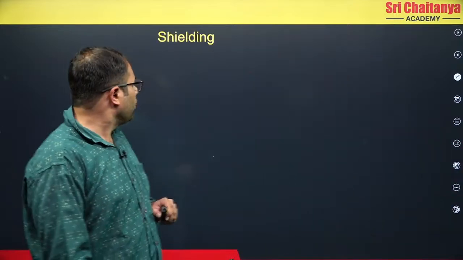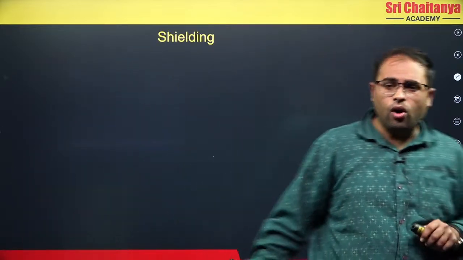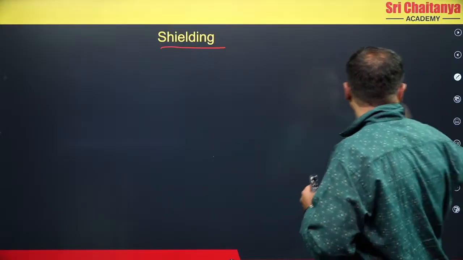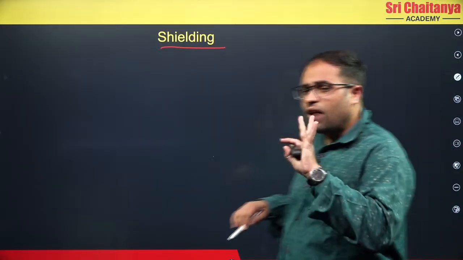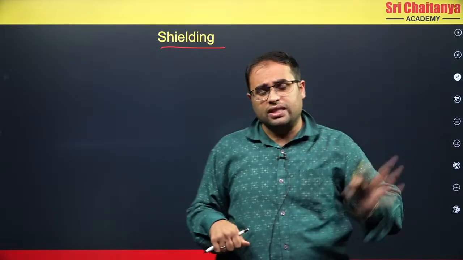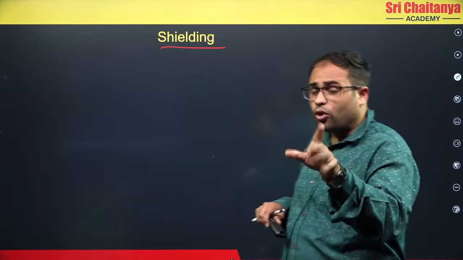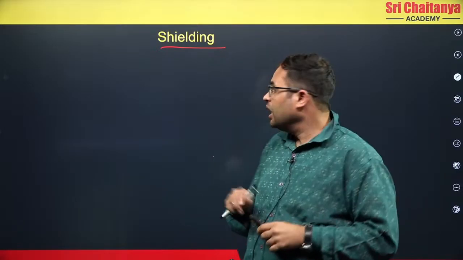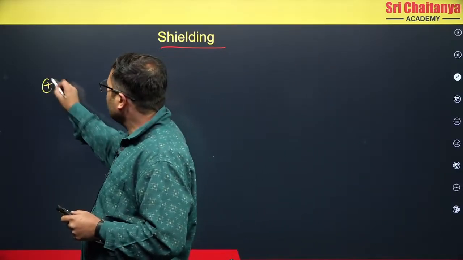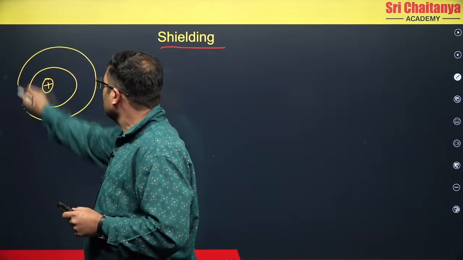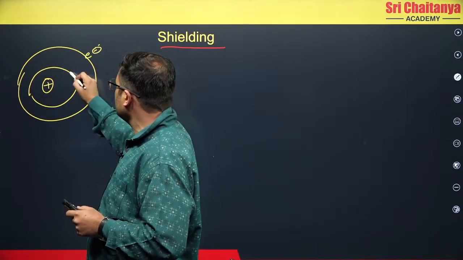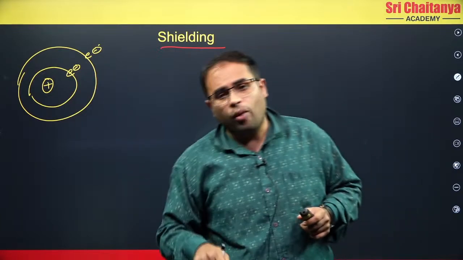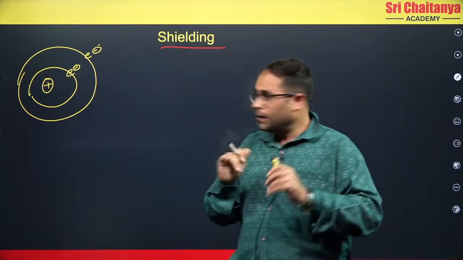Now moving on, how does shielding affect this? Shielding I have already talked about in previous lectures, right? I am not going to repeat it, but I am going to repeat one aspect of shielding. Suppose this is the valence electron, and suppose this is the internal electron. So this electron shields the outer electron from the nucleus's pull, right?